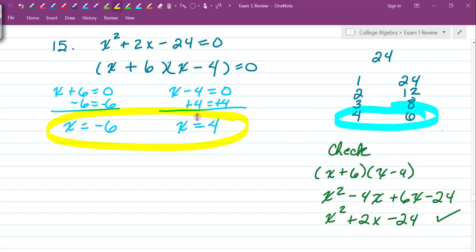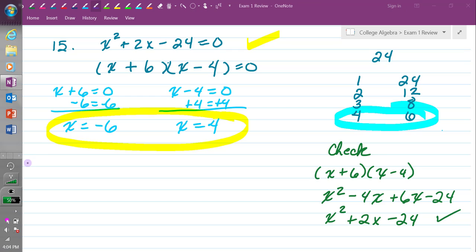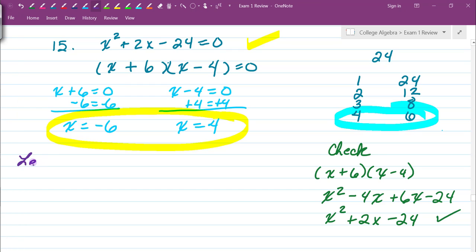So these are the solutions that make this equation true. When we plug in negative 6 for x, the equation equals 0. When we plug in 4, it equals 0. Let's verify that real quick. First, let x equal negative 6. So we're going to find f of negative 6, which is equal to negative 6 squared plus 2 times negative 6 minus 24.